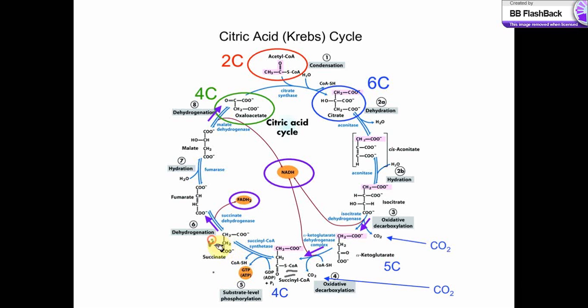This carbon now is with the hydrogen, and the last carbon that was attached with the coenzyme A, now it is in the form of a carboxyl group, and one GTP or ATP has been produced.